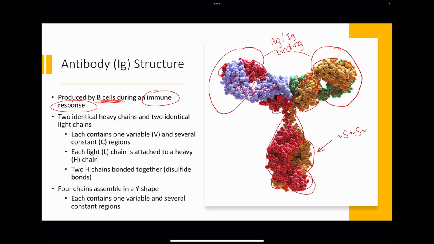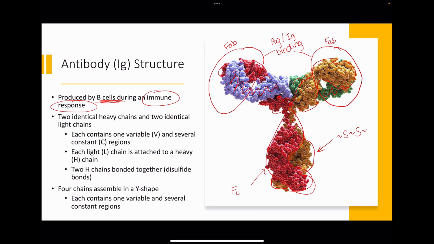So when we have a primary and secondary antibody binding together, this variable region, or this Fab region, as we'll see in the next section, is where antigens bind to. This region over here, where the two heavy chains are linked together by the disulfide bonds, is known as the Fc portion. So this is the Fc region.